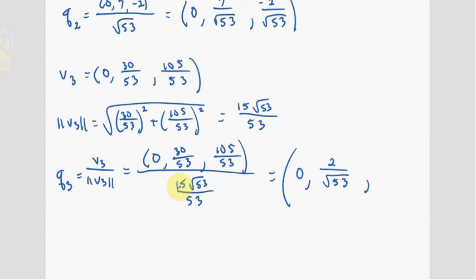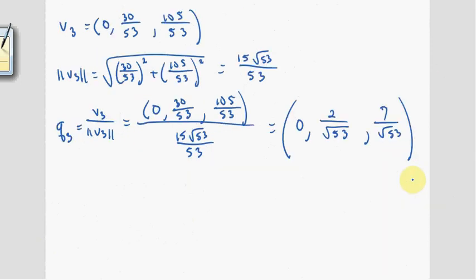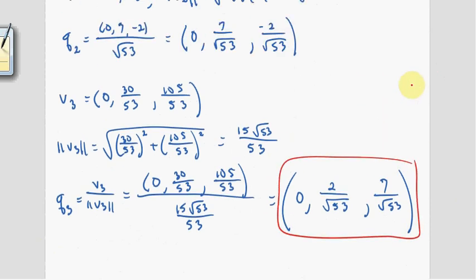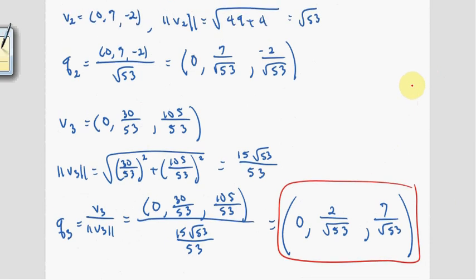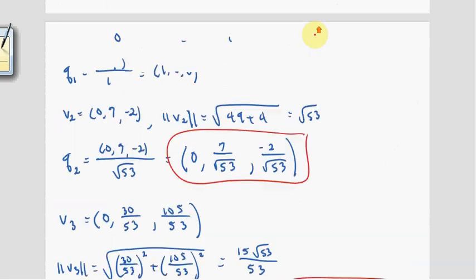So this is 7 divided by that square root of 53. And so what you're looking for in terms of the orthonormal basis would be these guys right here.